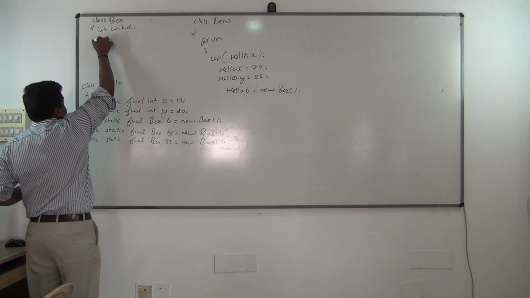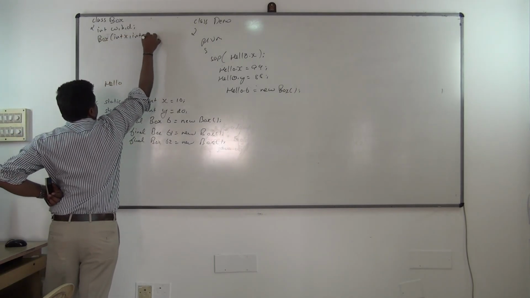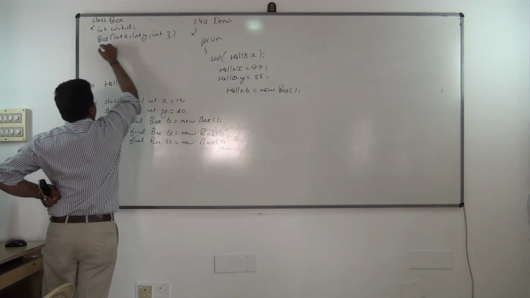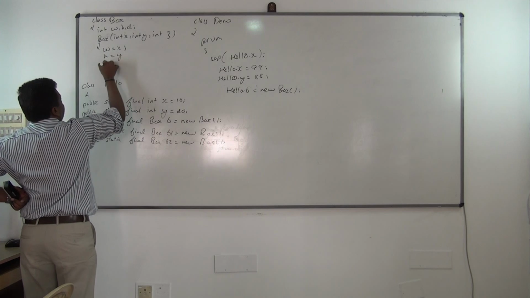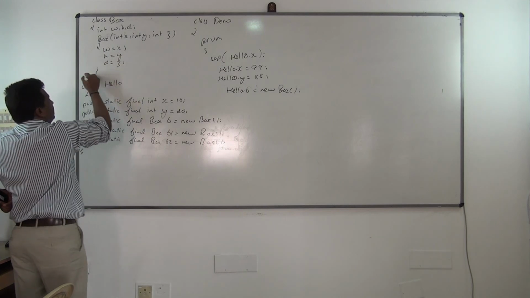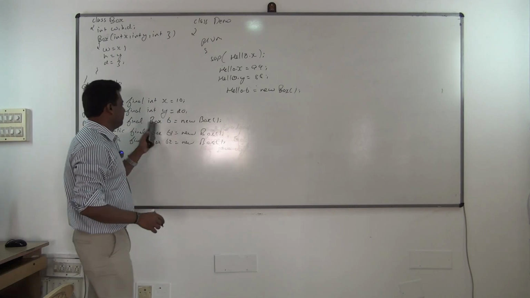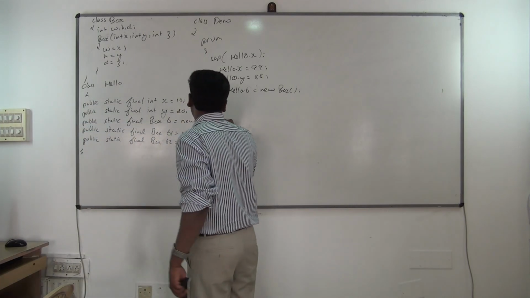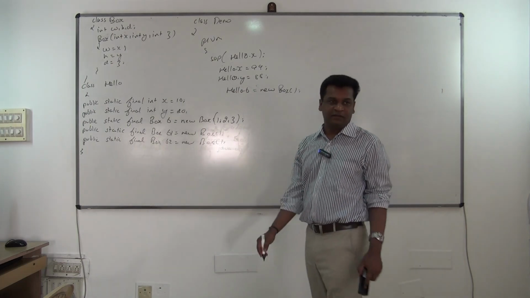So I'll add a constructor now. And I'll write w is equal to x, h is equal to y, d is equal to z. Valid. So now how will I initialize? See, public static final box b is equal to new box of 1, 2, 3. Now it becomes very clear.